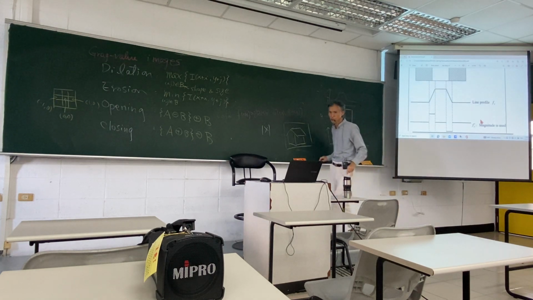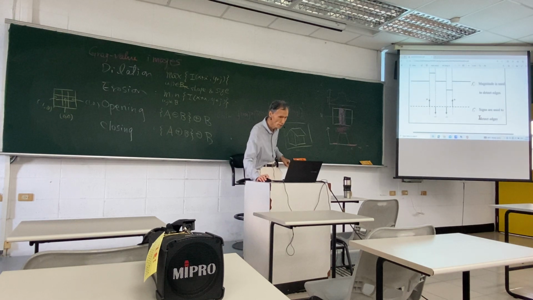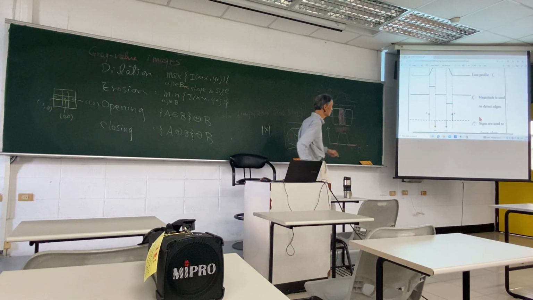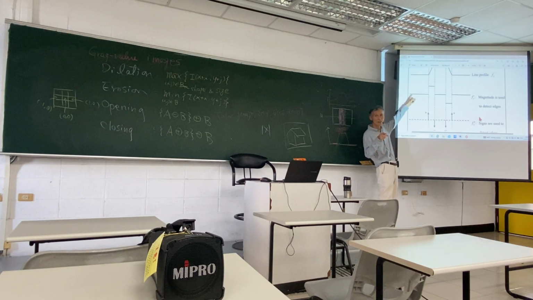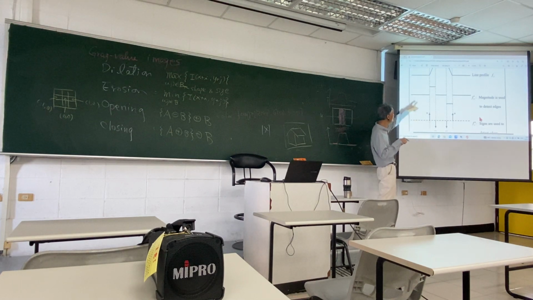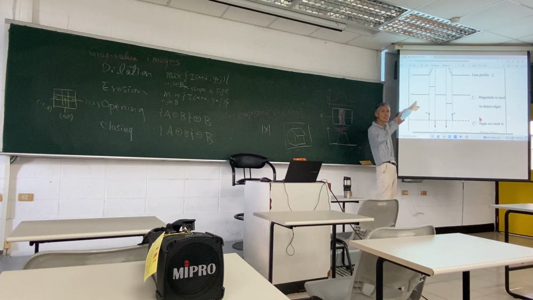Now, this is the first derivative. Let's look further. This is the second derivative. The second derivative is the first derivative of this signal, that is, the first derivative of the first derivative.